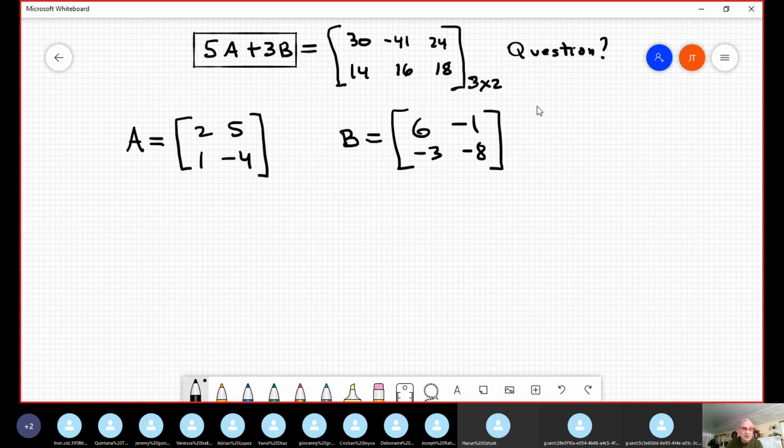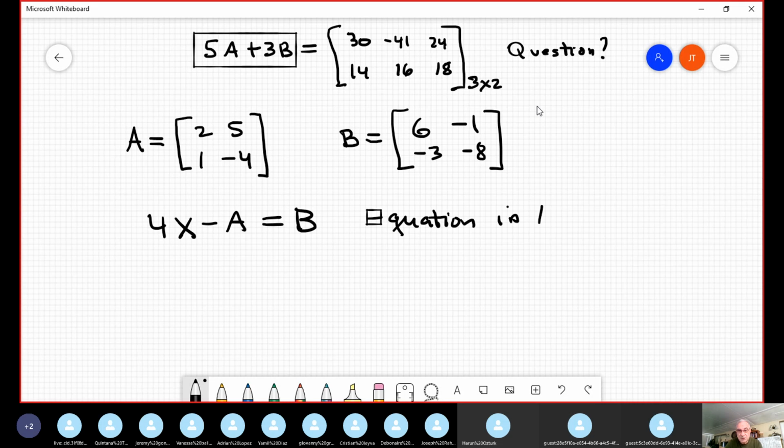Then I ask you, for example, in one equation, 4X minus A equals B. Wow, what the hell is that? It's an equation. It's an equation in matrices.